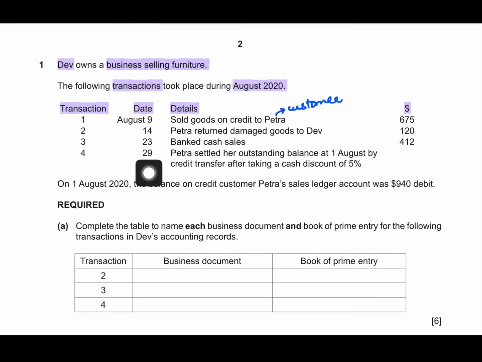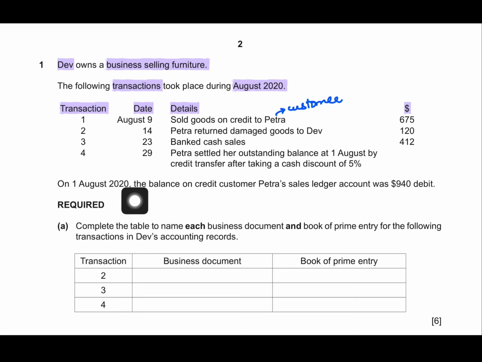Then on 29th of August, the last transaction, Petra settled her outstanding balance at 1st of August by credit transfer after taking a cash discount of 5%, right? So Petra is making a payment. She is settling her account balance, which was on 1st of August. So do we know her outstanding balance on 1st of August? Not yet, right?